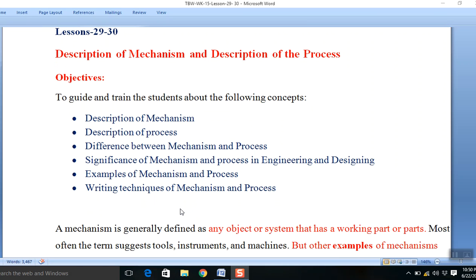Dear students, today's discussion is the hub of technical writing or engineering writing, because these two lectures make 80% of your technical report.